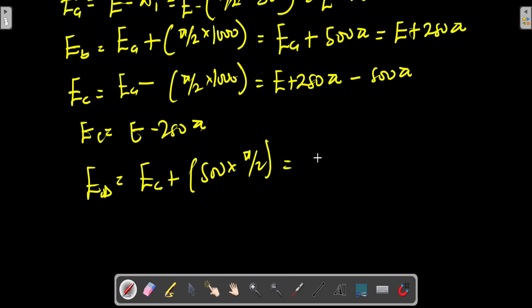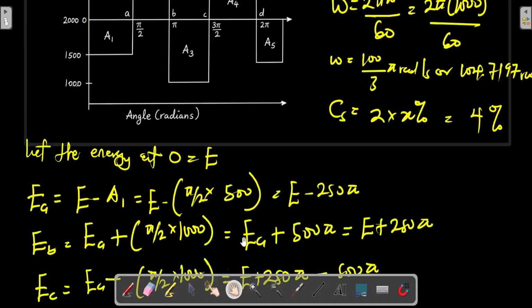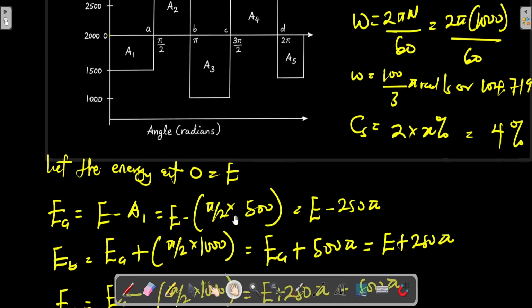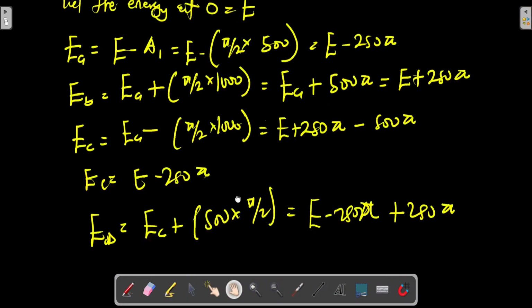So what are we getting? We end up getting E minus 250 pi, which is the energy at C, plus 250 pi, and that will be E.